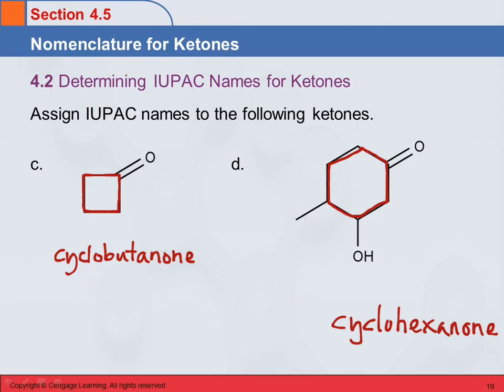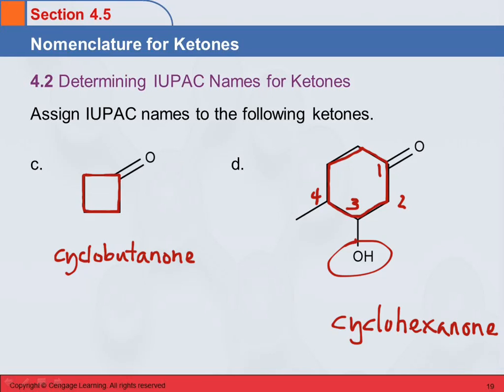We have to number this with this carbonyl carbon being number 1. We can choose to go either way. If we go counterclockwise, this is 1, 2, 3, we'll get 4 and 5 for our substituents. If we go this way, we'll get 1, 2, 3, and 4. So that's better. We want to do it that way.